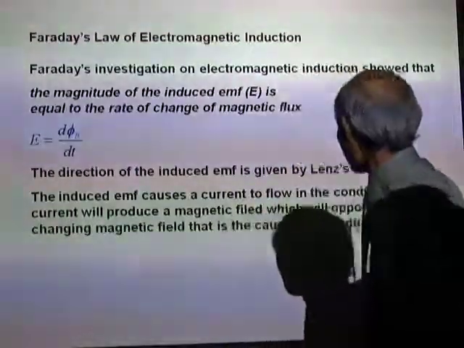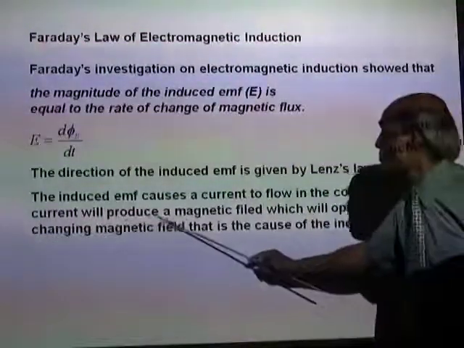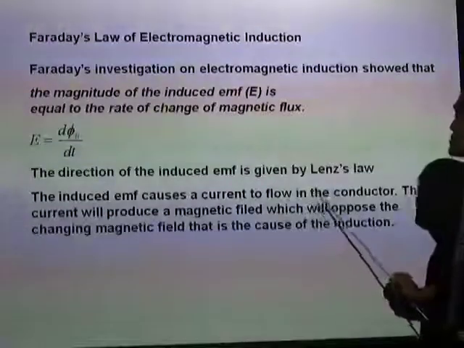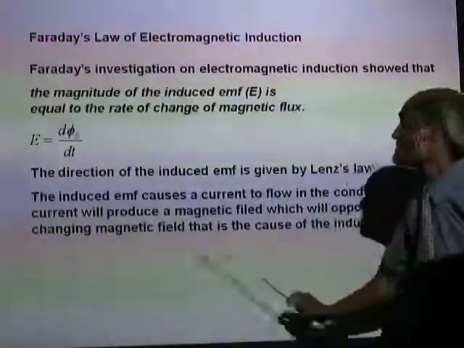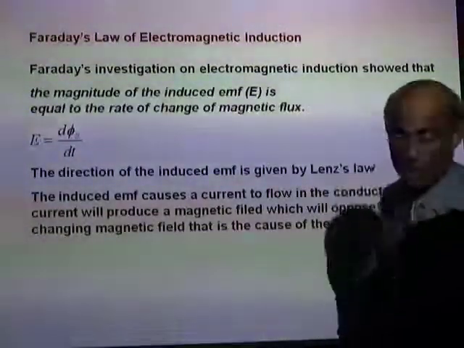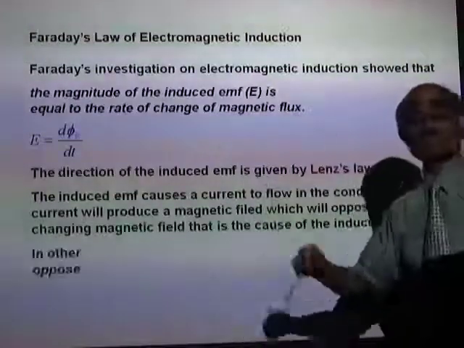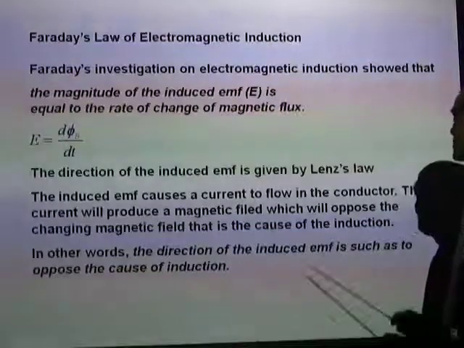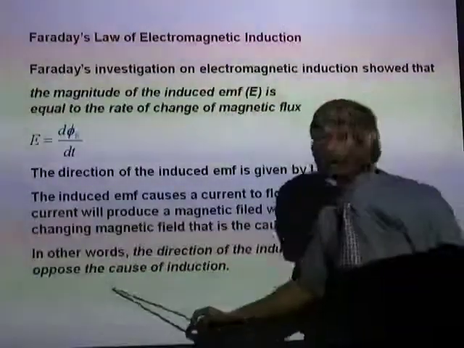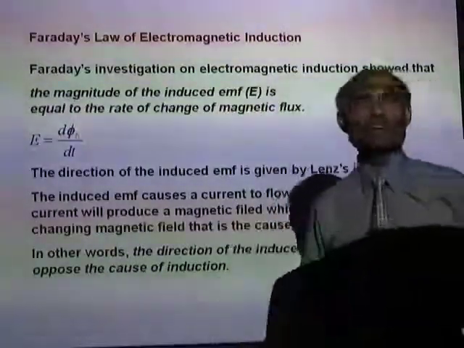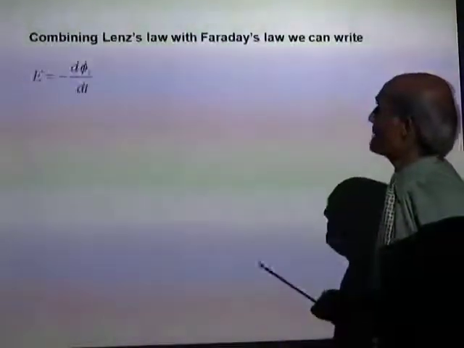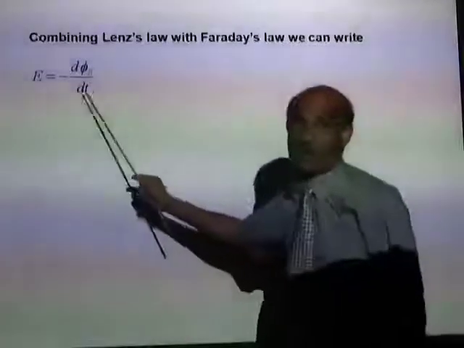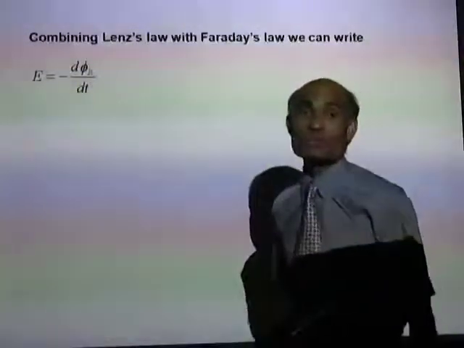So, this current will produce a magnetic field which will oppose the changing magnetic field that is the cause of induction. I'm going to explain that further. In other words, the direction of the induced EMF is such as to oppose the cause of induction. Now, let me take a couple of examples and illustrate it after putting this into an equation.